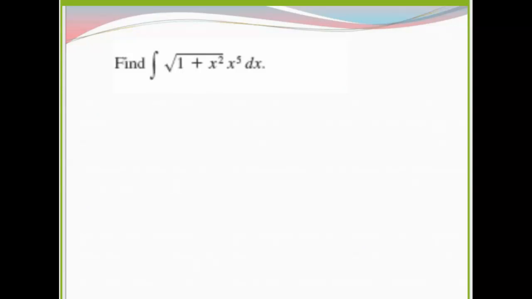All right. Complicated is always what's under the square root. So in this case, my u value is 1 plus x squared.